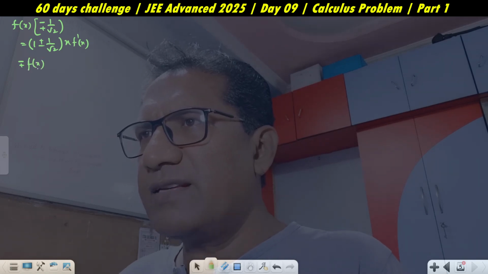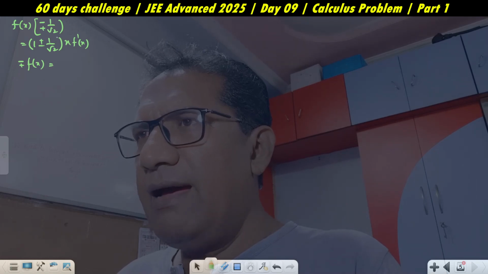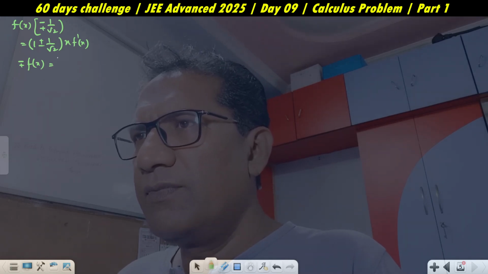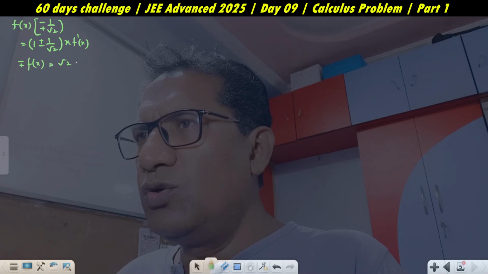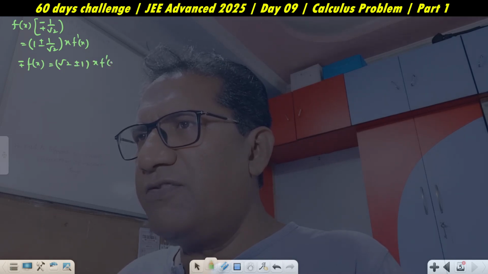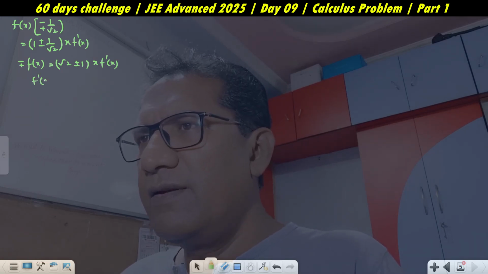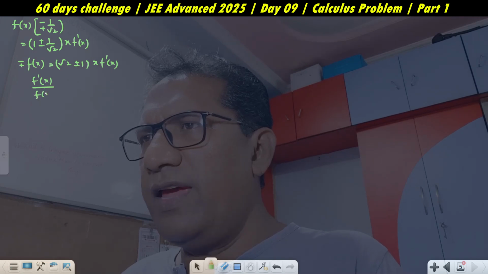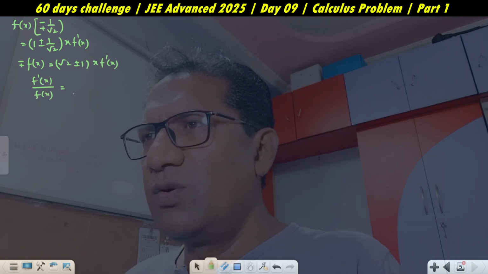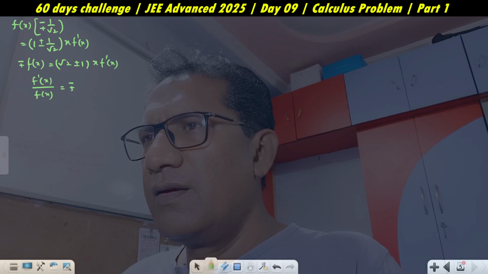It's only f(x) then. And this one will be root 2 plus minus 1 x f dash x. So this can be written as f dash x over f(x) is equals to minus plus 1 over x into root 2 plus minus 1.